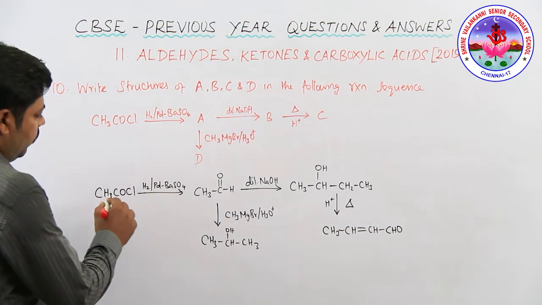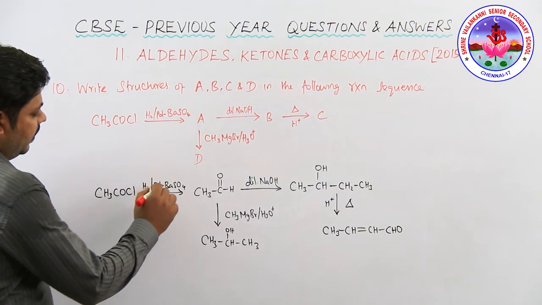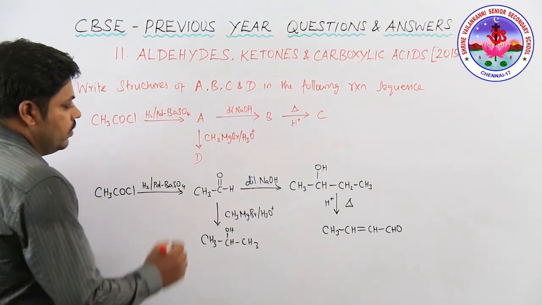Here the acetyl chloride reacts with hydrogen and palladium on barium sulfate to give an aldehyde.